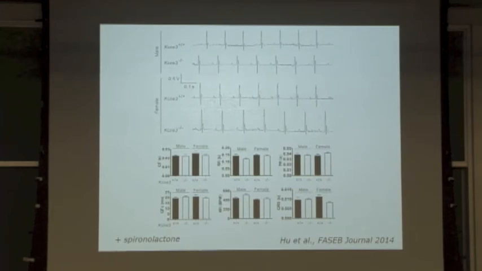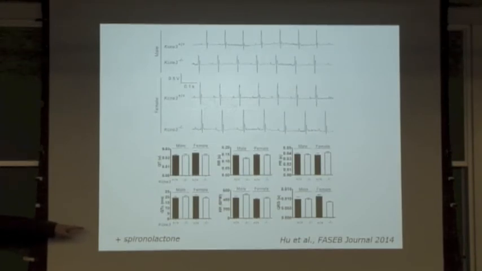So then we looked at spironolactone. To block the effects of aldosterone, you can add spironolactone. We found that the QT prolongation went away. There's no differences in the EKG.